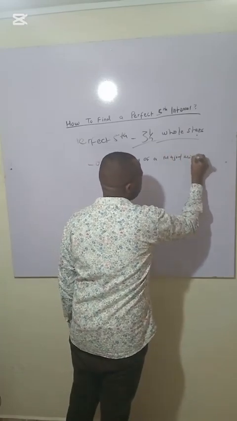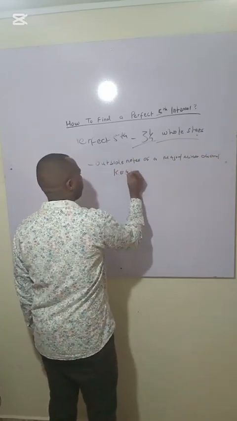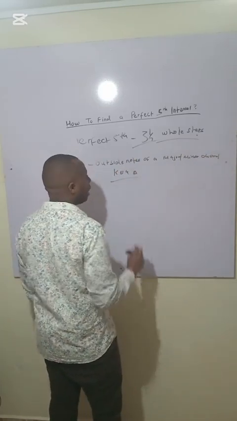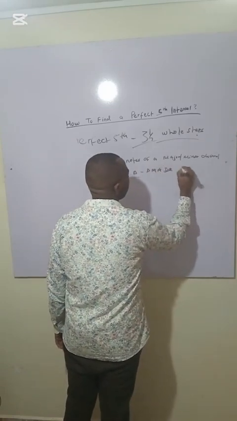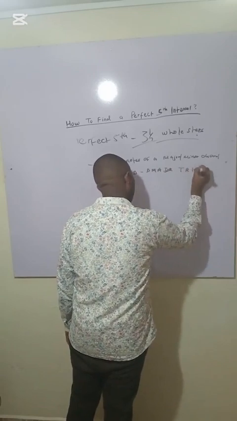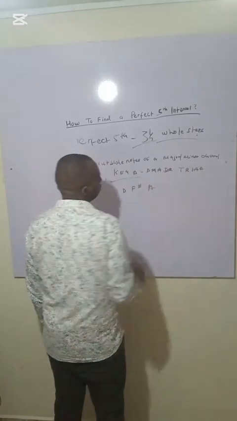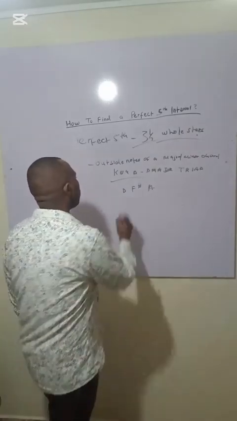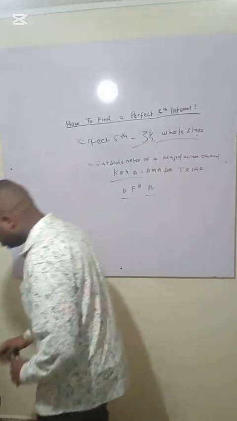Let me just show you. For example, a D major triad is D, F sharp, and A. So from D to A, let me just play it.